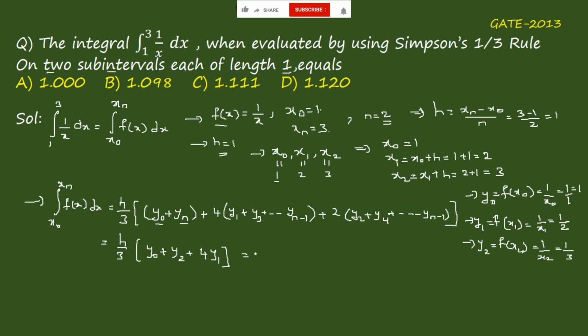The h value is 1, so it becomes 1 by 3 into y0 is 1, plus y2 is 1 by 3, plus 4 times 1 by 2, which goes by 2's, right? So this is equal to 1 by 3 into 3 plus 1 by 3. Substituting the value, we get 10 by 9, which is equal to 1.111, right? So the answer is option C.